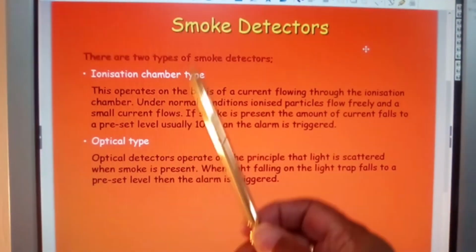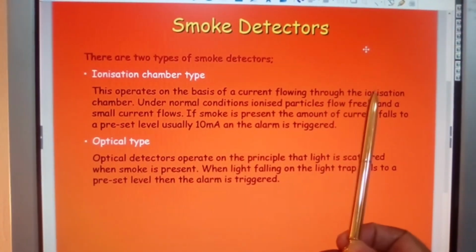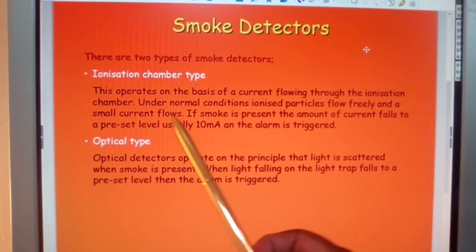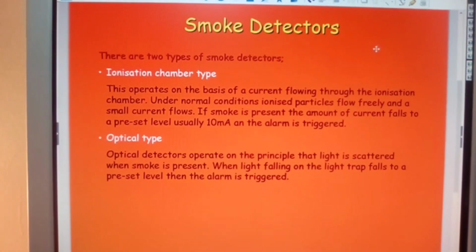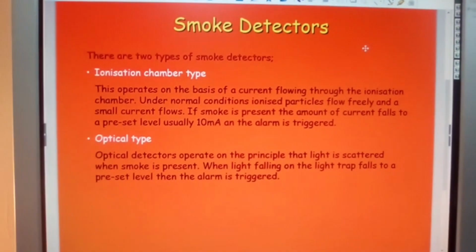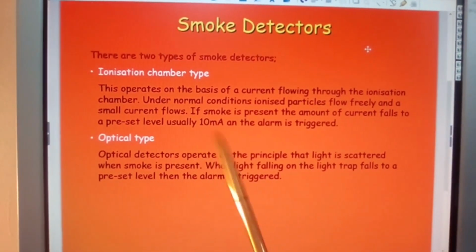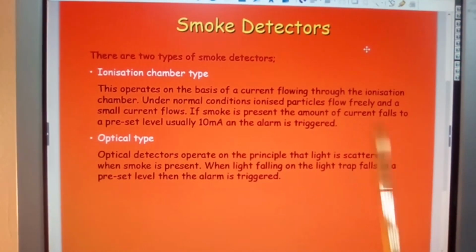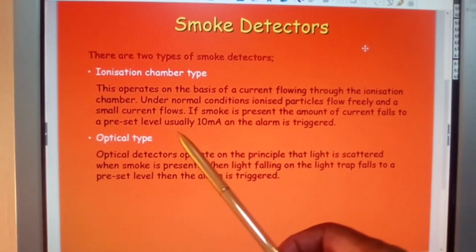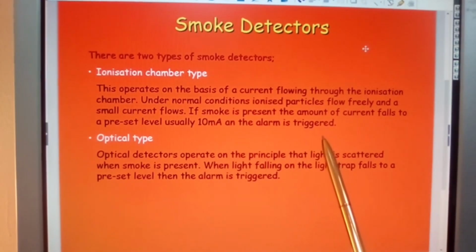Ionization chamber type: this operates on the basis of a current flowing through the ionization chamber. Under normal conditions, ionized particles flow freely and a small current flows. If smoke is present, the amount of current falls to a preset level, usually 10 milliamps, and the alarm is triggered.